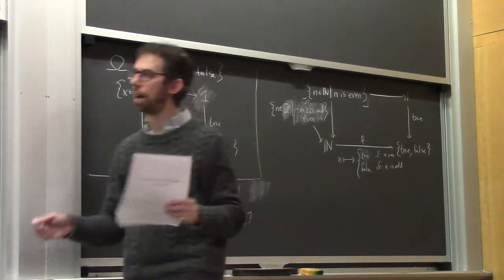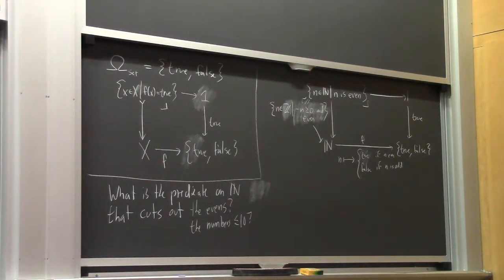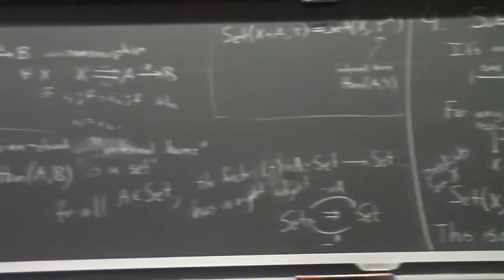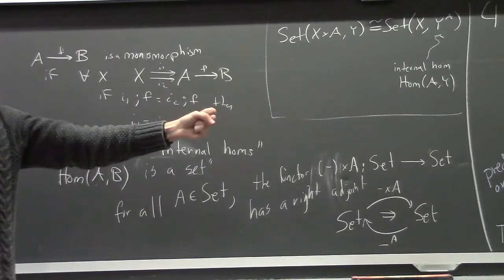So let's say we're in graphs. Let's do this whole thing again in graphs. We have limits and colimits in graphs. We have epi-mono factorizations, so you can take the image of a graph map. Graphs are Cartesian closed: given two graphs, there's a graph of maps between them.